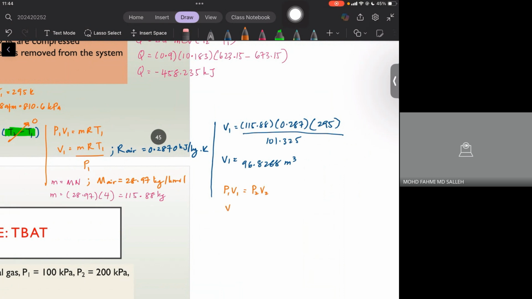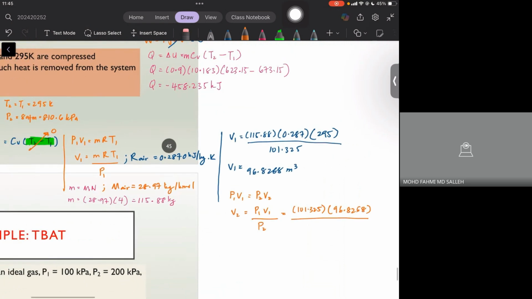So you can find the volume 2 over here, and V2 is equal to 12.1034 meter cube.